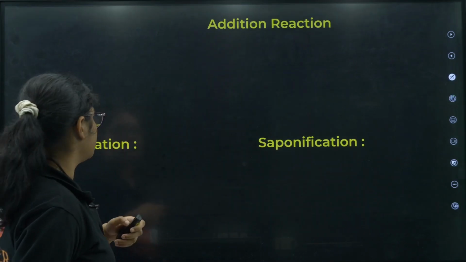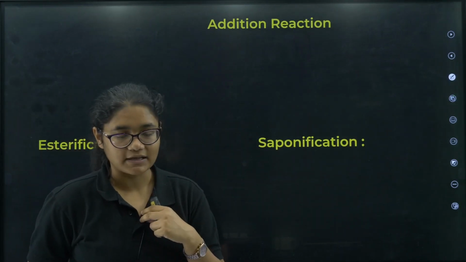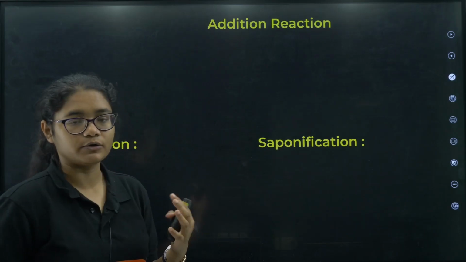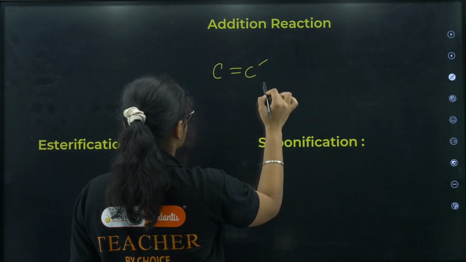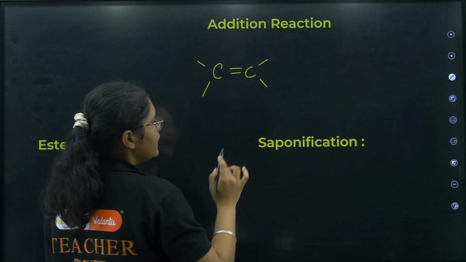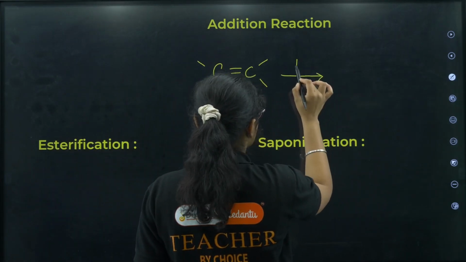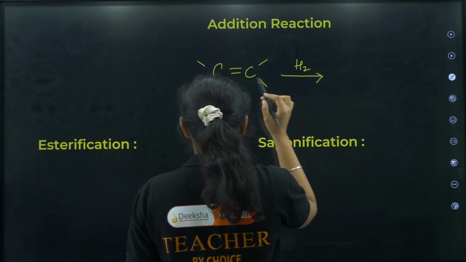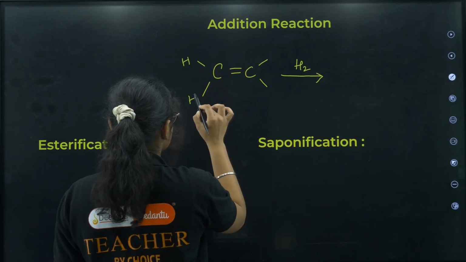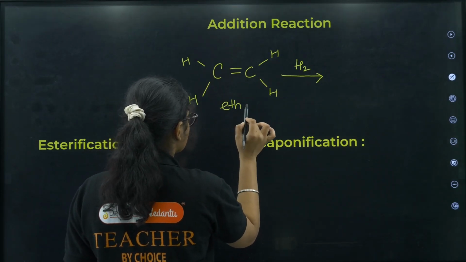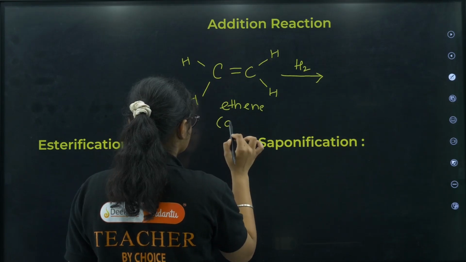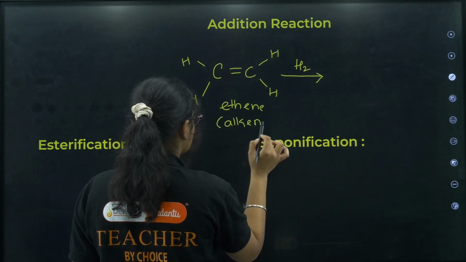Moving forward to the reactions of carbon and its compounds. Addition reaction, we all know the addition reaction. What happens if you have an alkene, and it reacts with H2? For example, I will write here ethene, and the species is an alkene.